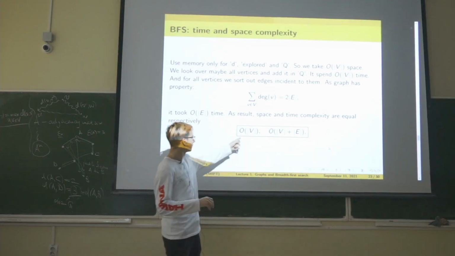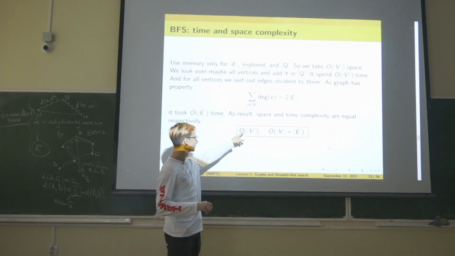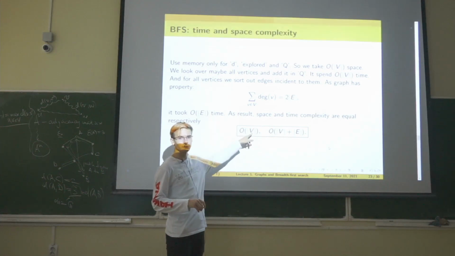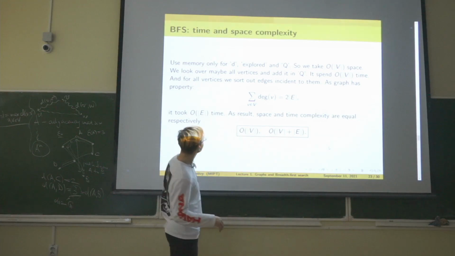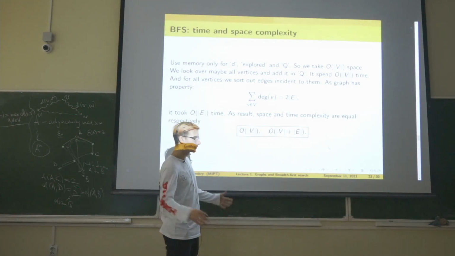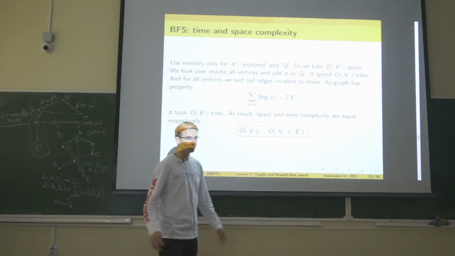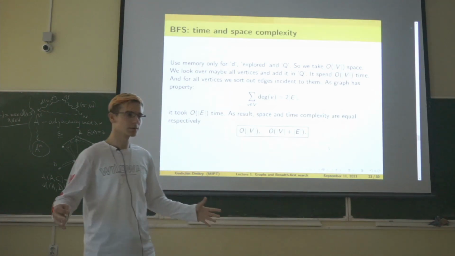So it's theta, of course, because in the start we initialize arrays that have constant length equal to the number of vertices.